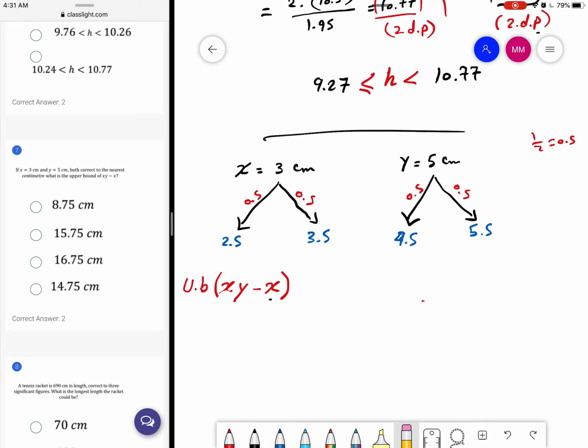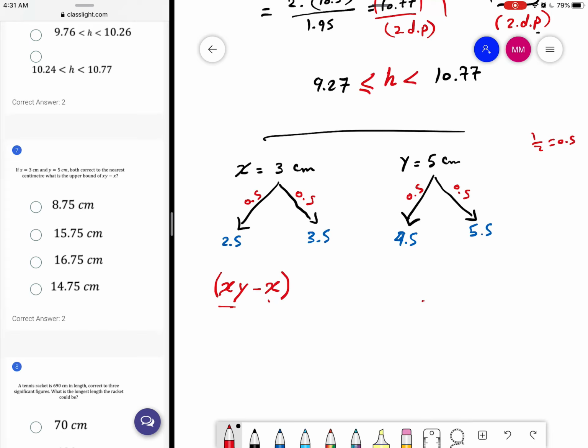You can't use upper bound here and lower bound here. So how can I do this? To get the upper bound, you choose the upper bound for multiplication, and for subtraction also you put the upper bound. You can also try the lower bound for x, but it will give you a smaller answer.